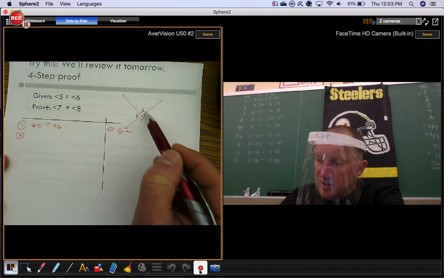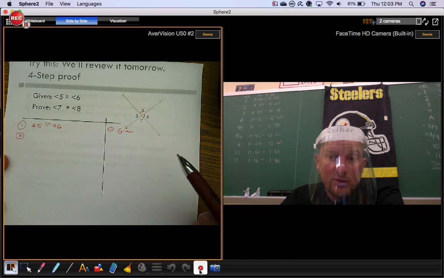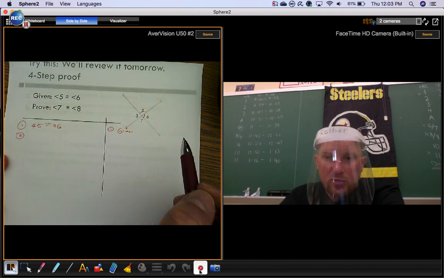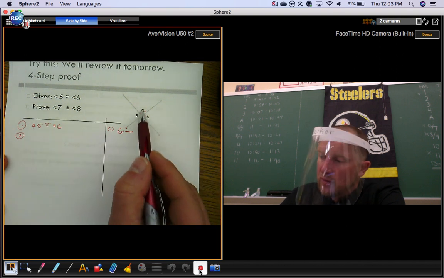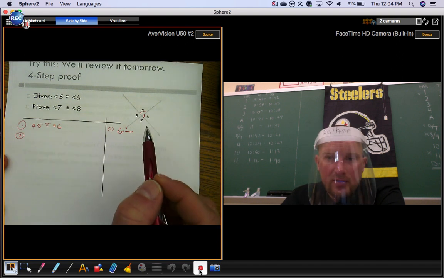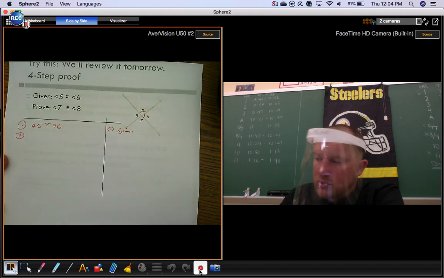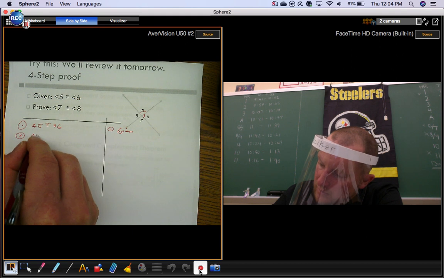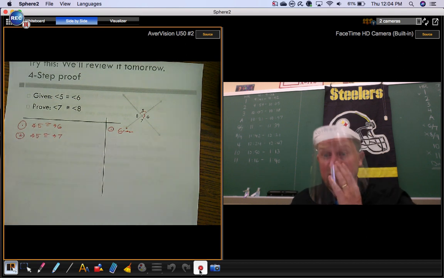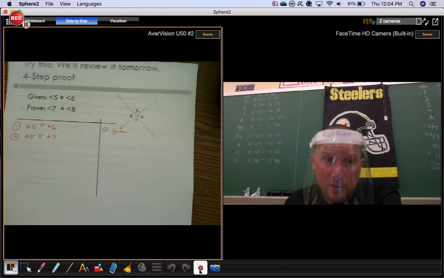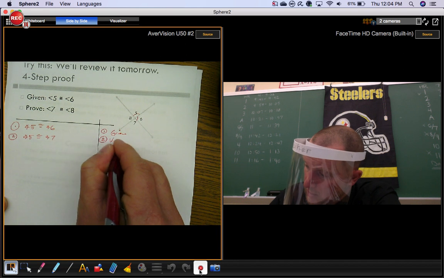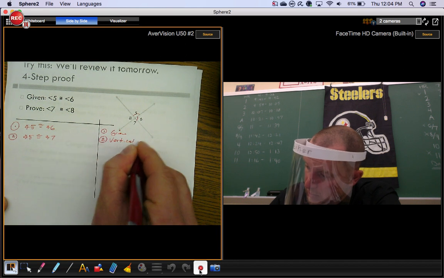Some of you might say there's linear pairs, and that's really good. You could go that route, but that's the longer route. Think about what we just proved. Didn't we prove that vertical angles are congruent? Use that. Do you see vertical angles? Angle 5 and angle 7 are definitely vertical. That means angle 5 is congruent to angle 7 by the vertical angle theorem.